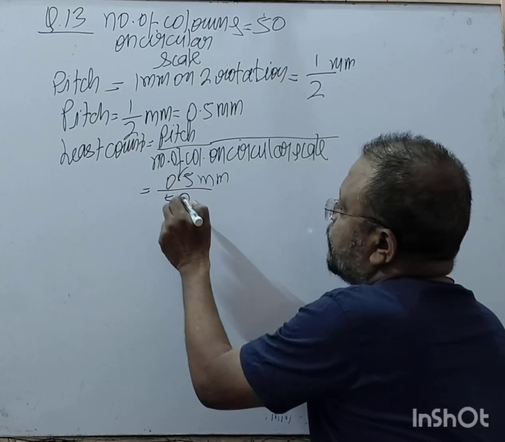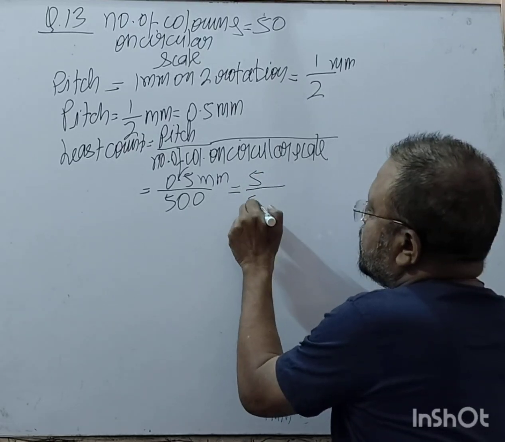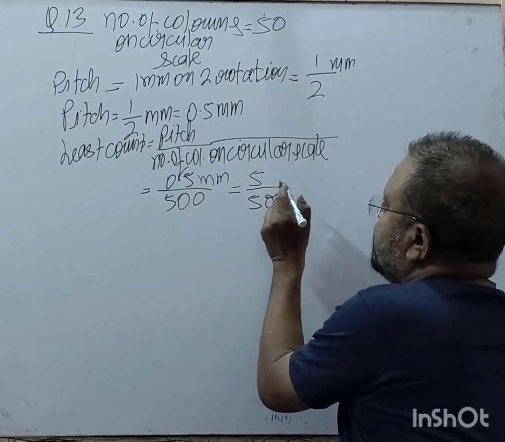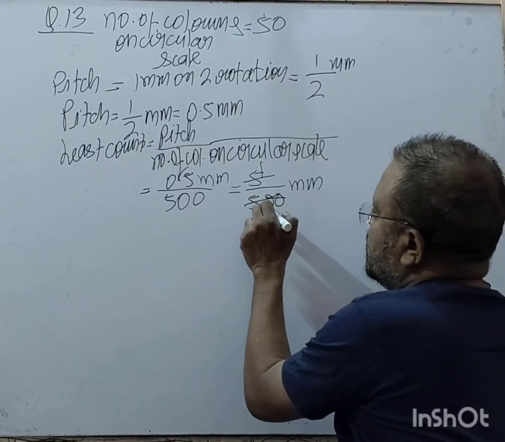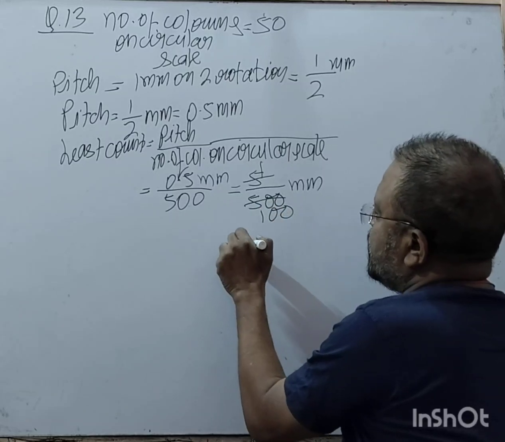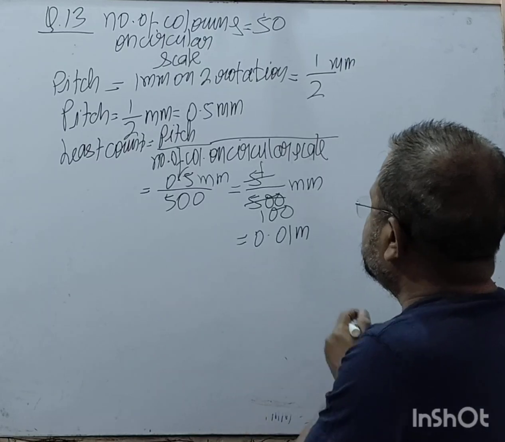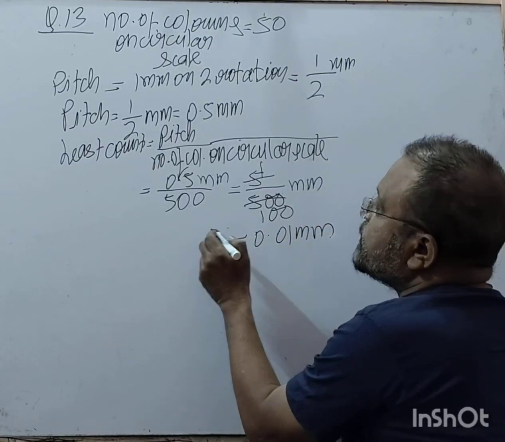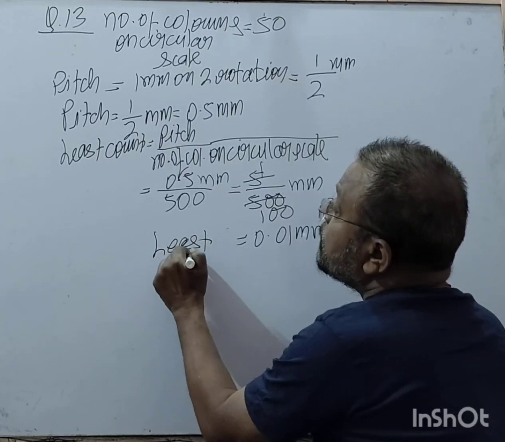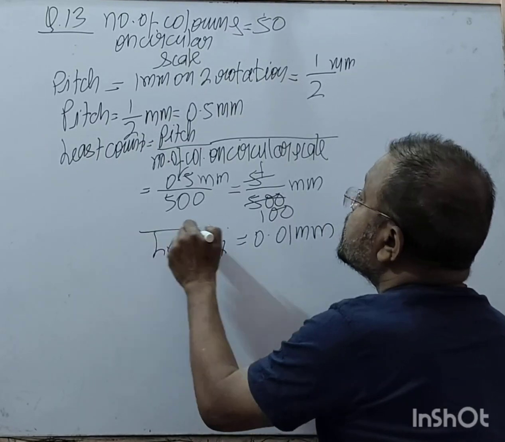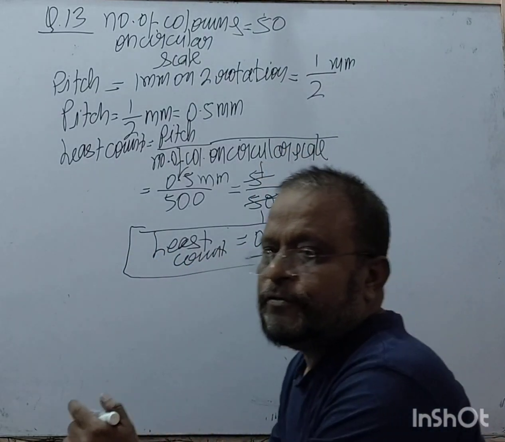So we remove the decimal, take 1 zero here. So 5 upon 500 millimeter, so we can write 0.01 millimeter. This is the least count. Least count is 0.01 millimeter.